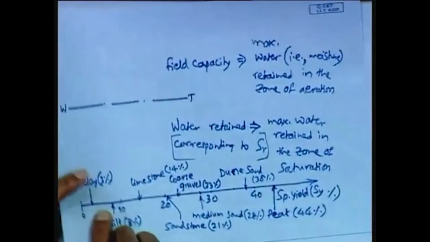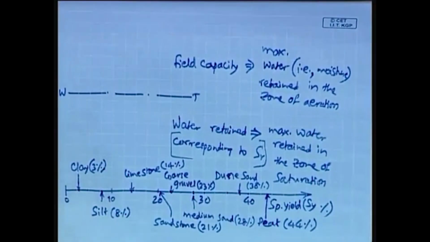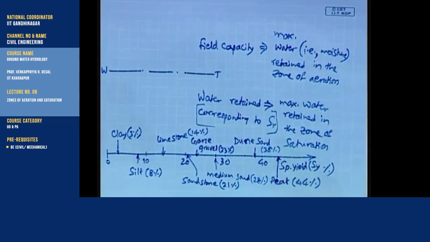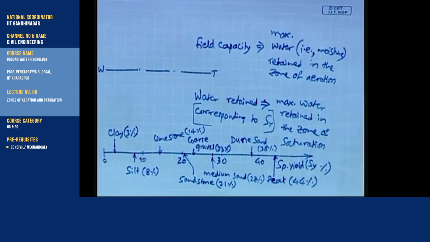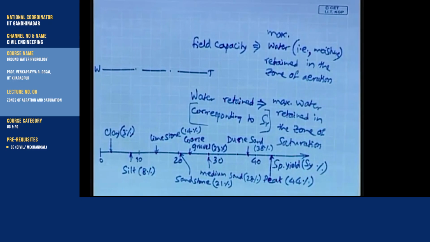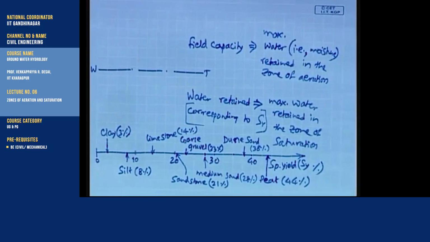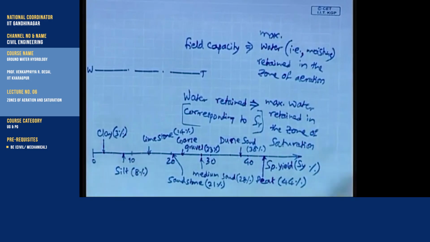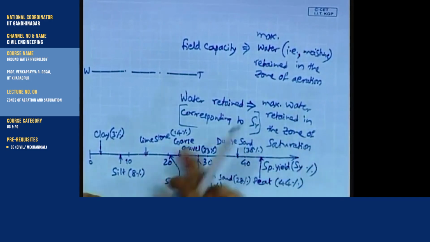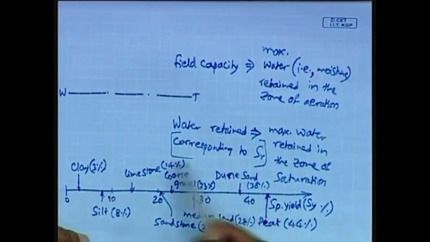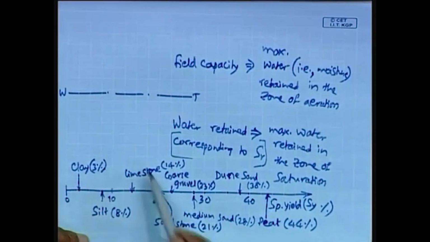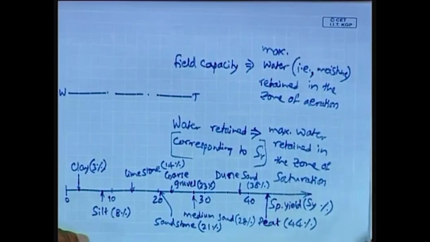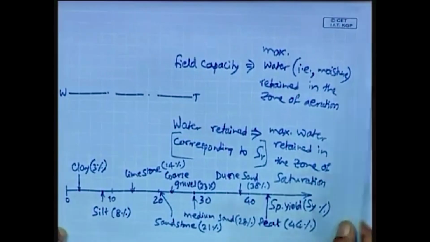So, typically above this limestone, all these rock or soil formations, they represent aquifers, and below this limestone all the soil or rock formations, they represent either aquitards or aquicludes or aquifuges, which you discussed in the previous class, in the previous lecture.